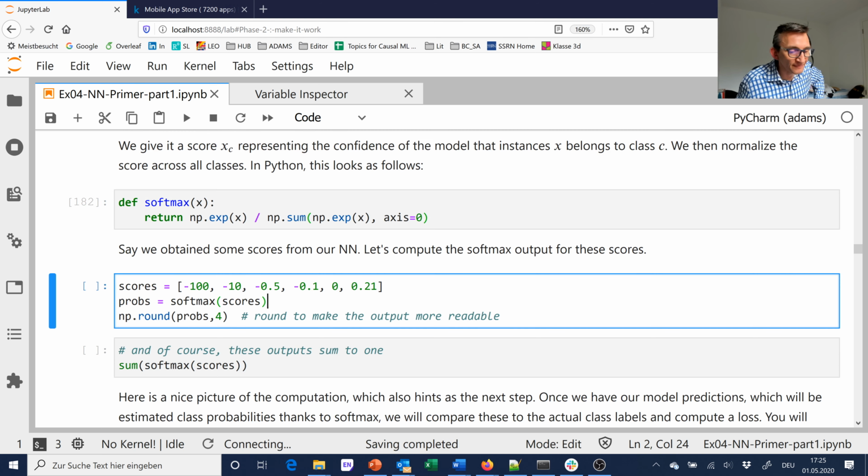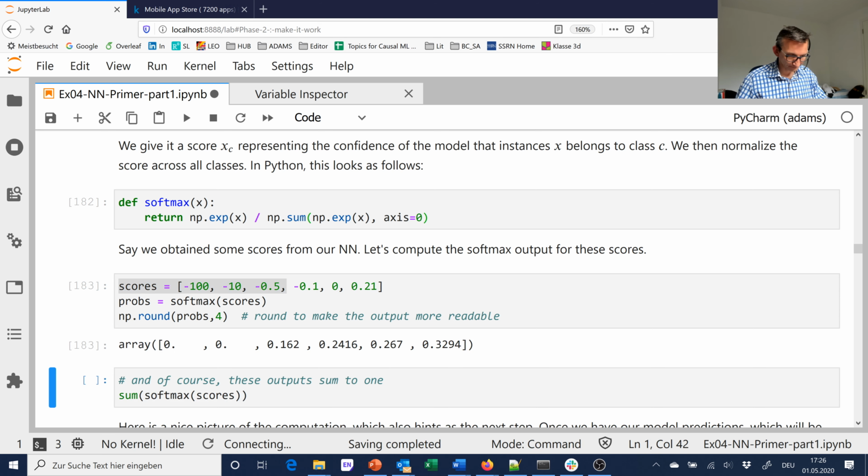If you imagine that you have a neural network with 1, 2, 3, 4, 5, and 6 units in the output layer, and you have put some data into this neural network, one example with some covariate values, and the neural network delivered you these raw output scores, then just putting that through softmax, which is easily implemented using NumPy, you can convince yourself that as a result, you get some probabilities.